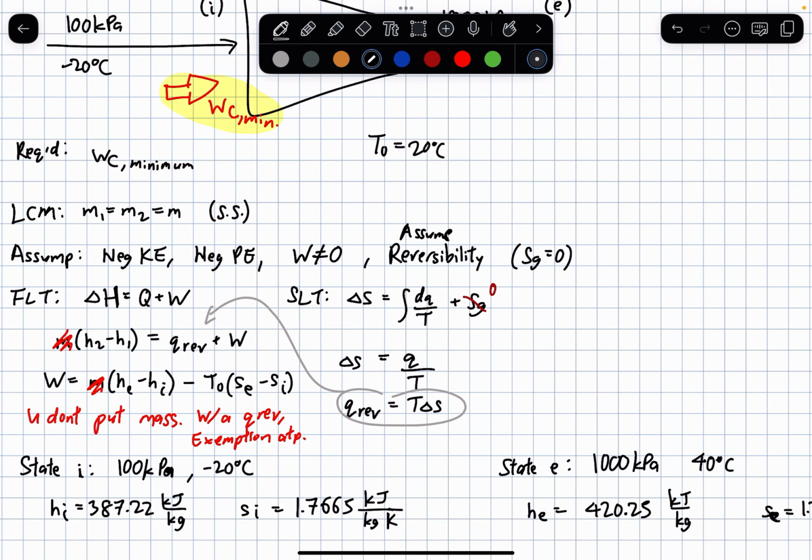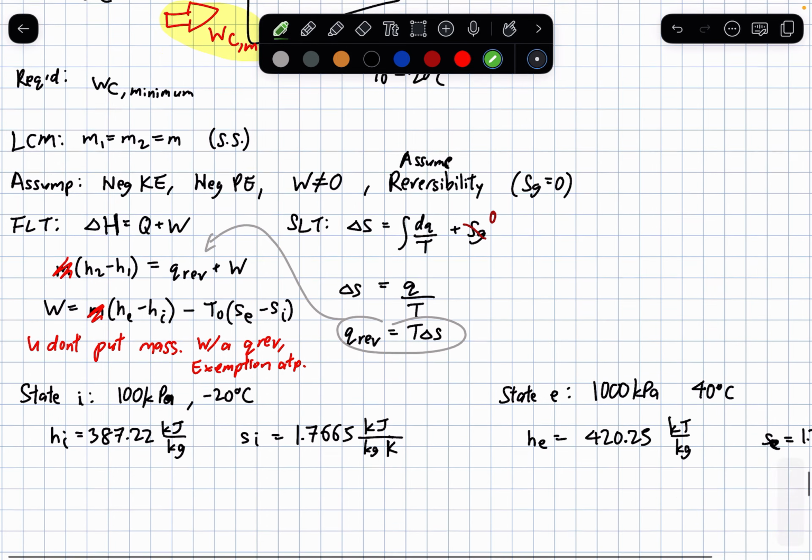Wait. There are so many exemptions, bro. It's crazy. It is crazy.